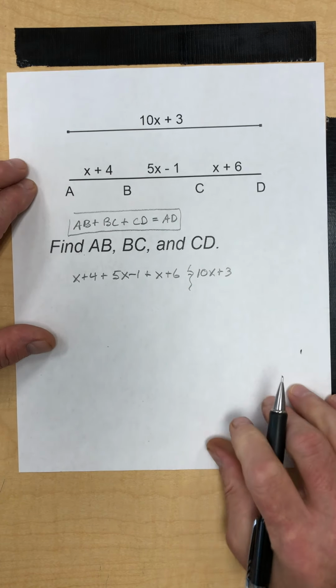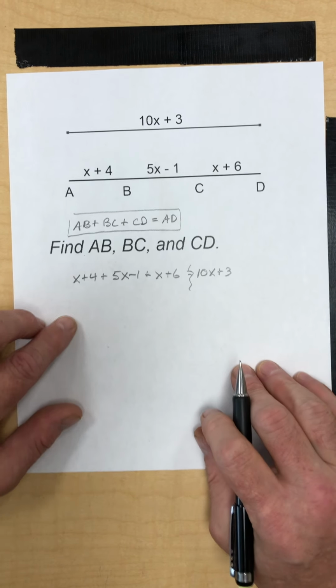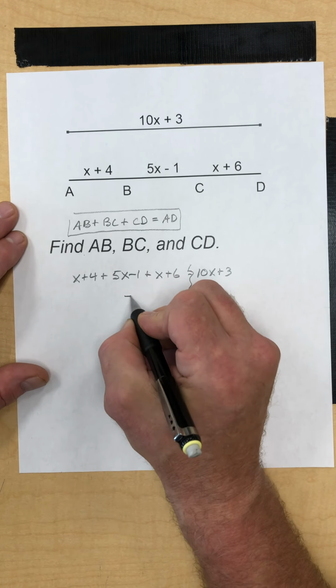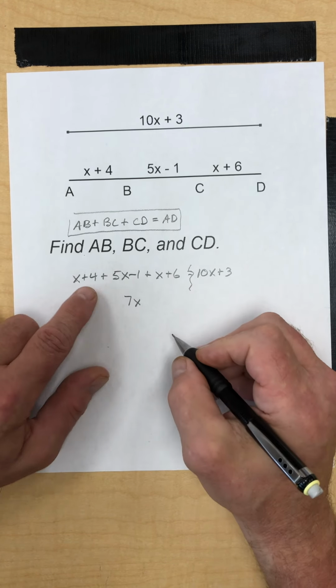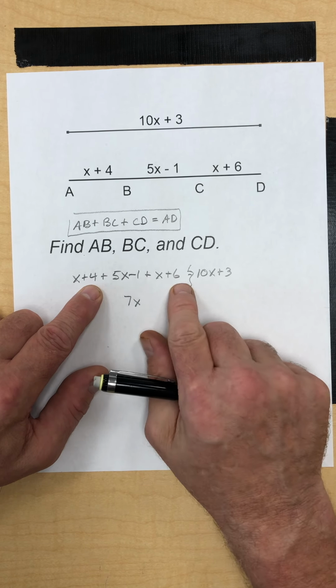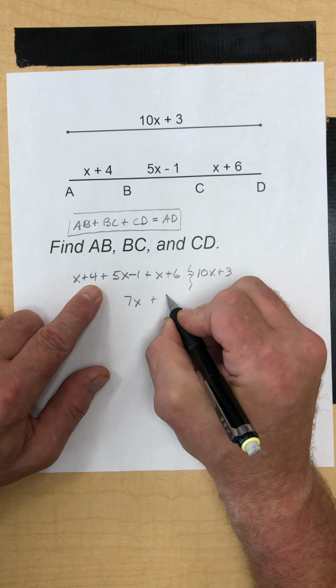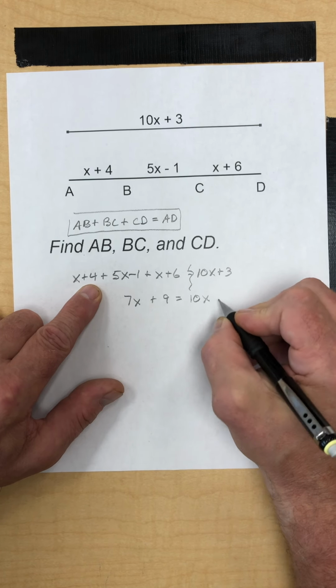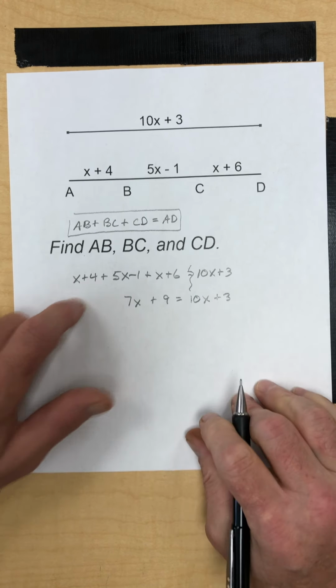Okay, so we simplify the left-hand side, so x plus 5x plus x, that's 7x. And let's see, 4 minus 1 is 3, 3 plus 6 is 9. And then over here I have my 10x plus 3.